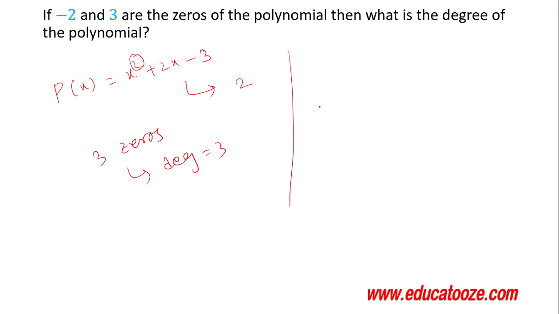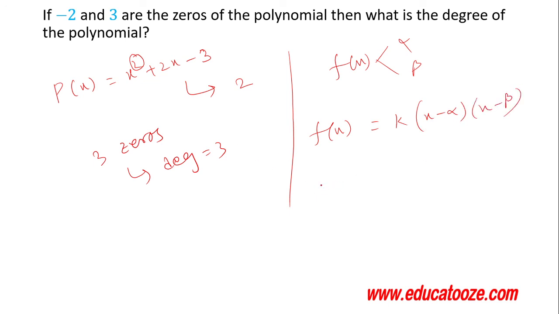We have also seen, using the zeros, how to define the polynomial p of x like minus 2 and 3. If f of x is a quadratic polynomial with zeros alpha and beta, then f of x can be written as k into x minus alpha into x minus beta.